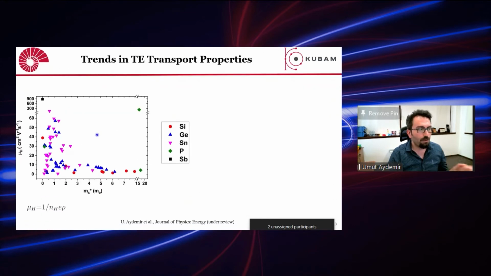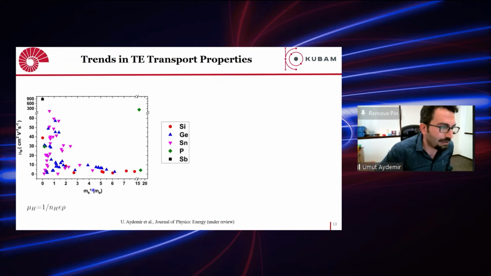So we were working on the different types of clathrates and then trying to put them together in different properties and see if there is a trend there for different clathrates. When I put here silicon, germanium, tin, or vice versa, or the others, these are the elements building this framework structure, actually. And what we can see here is the hole mobility versus the Seebeck effective mass.